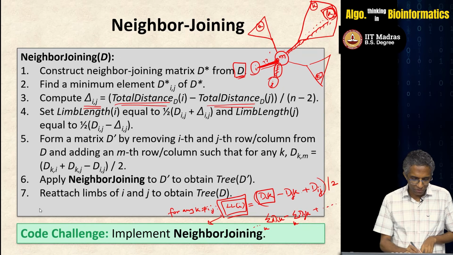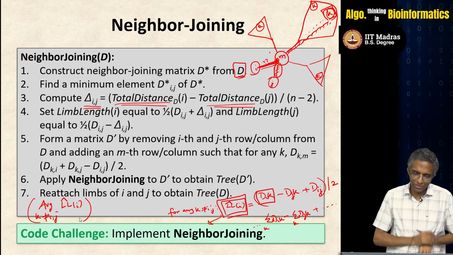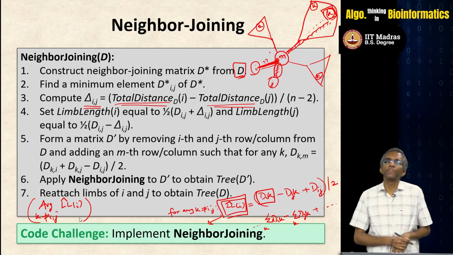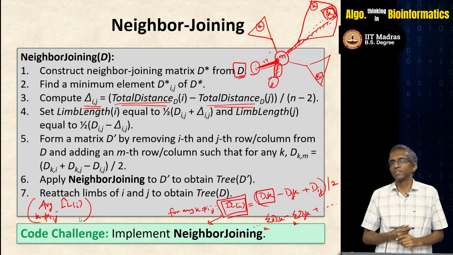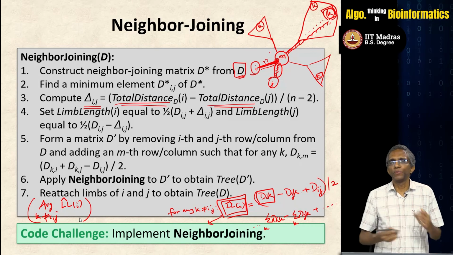Okay. So, average across all k not equal to i comma j, your LL of i estimate, which I am going to call LL hat of i, is going to be your best estimate if you have a non-additive matrix and different leaves k giving you different estimates.